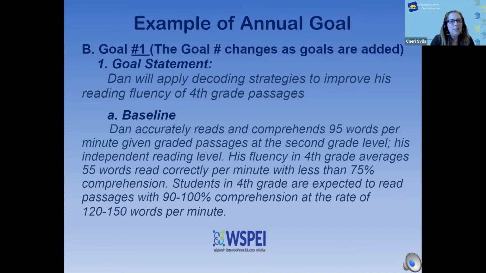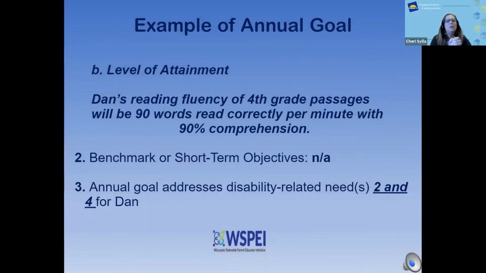So then the IEP team says, okay, let's think a year from now, we're going to see Dan. We're hoping Dan can go from 55 words read per minute to 90. Right now he's at 75% comprehension. We're hoping to get him up to 90% on 4th grade passages. So that's what they're hoping for in the next year, knowing he'll still be behind, right?